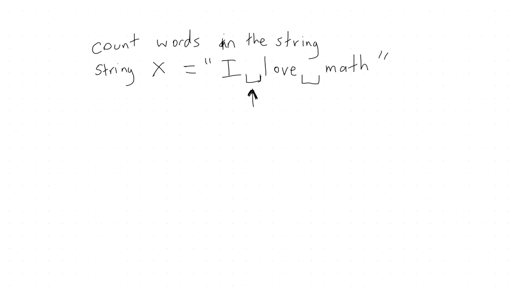So this would be x dot find, and this will give me the index of the white space that shows up.